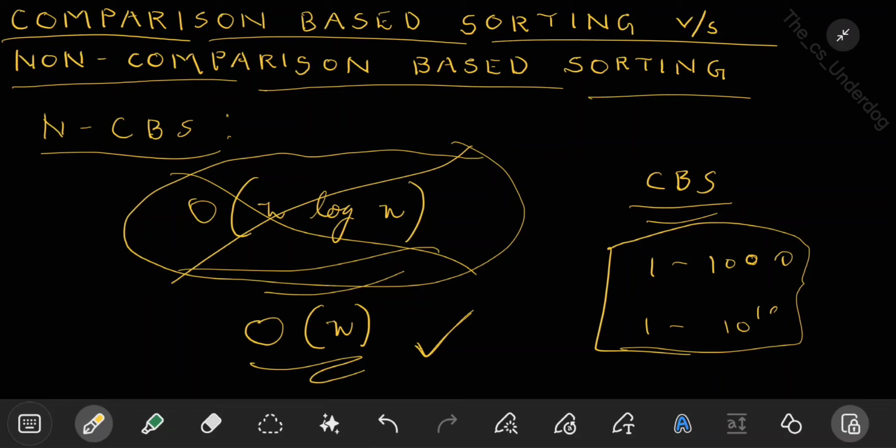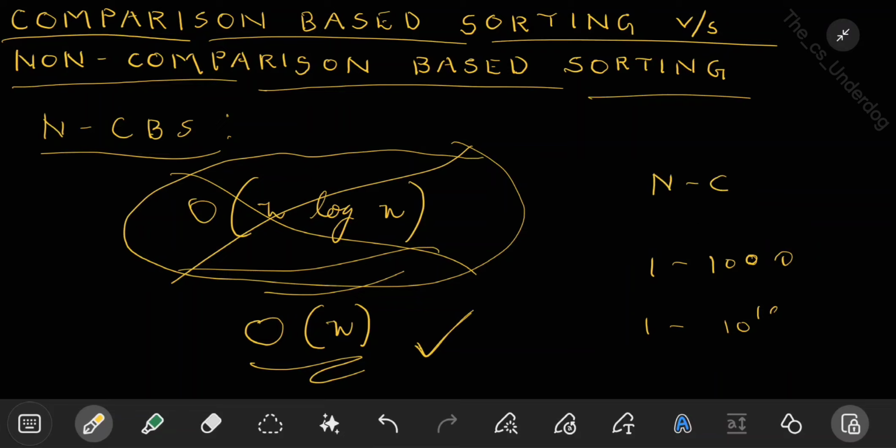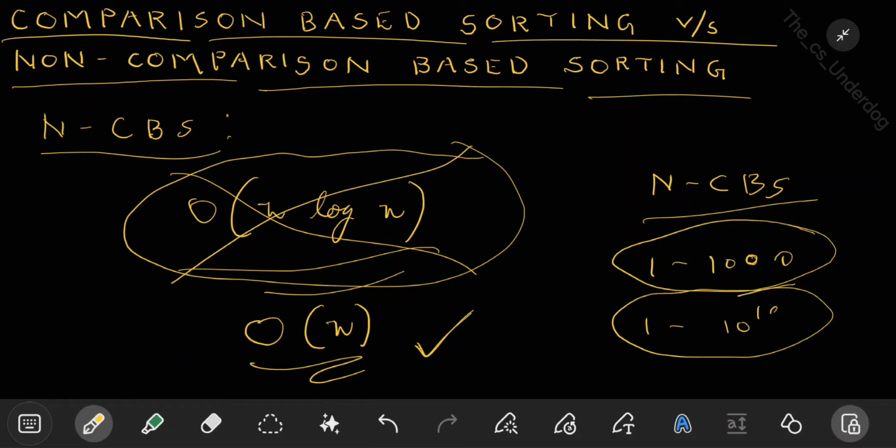So in non-comparison based sorting, the range from 1 to 1000 may be much more efficient compared to another data set which is having range from 1 to 10 power 10. In case of comparison based, you don't care about range, you are simply directly comparing. But in non-comparison based, because you are using range most probably as a parameter in order to identify the position of different elements in the data set, range difference may really affect your sorting algorithm.